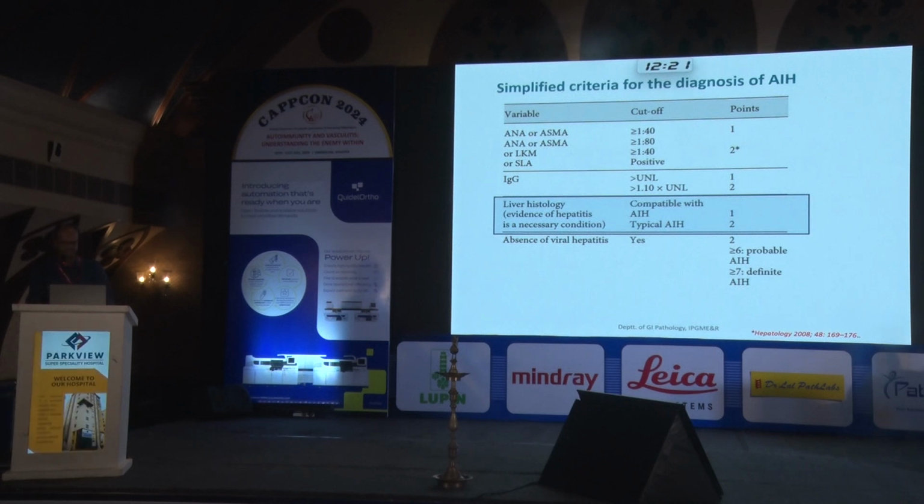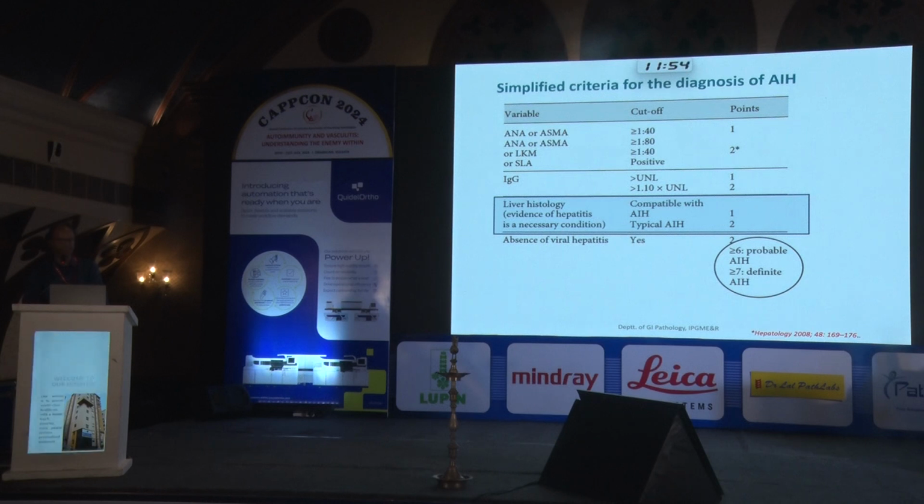And here we can see liver histology is there, where there are 2 points: if it's compatible, it will get 1 point, and if typical, it will get 2 points. And if the total score is equal to or more than 6, it's probable AIH, and more than 7 will be definite AIH.